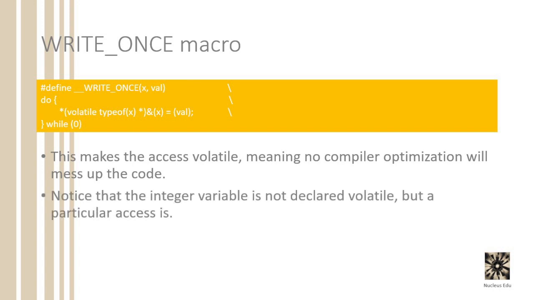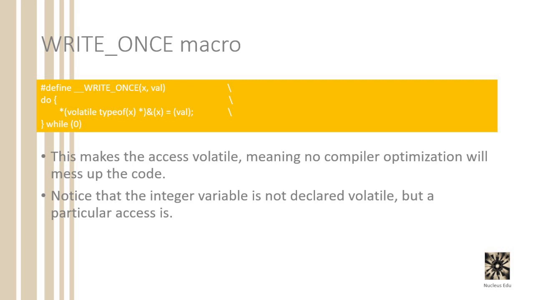One thing to notice here is that the integer variable itself, which is the atomic typedef variable, is not declared volatile, but a particular access is. There have been past discussions in the Linux kernel which discuss this concept of accesses being volatile and not the variable itself.